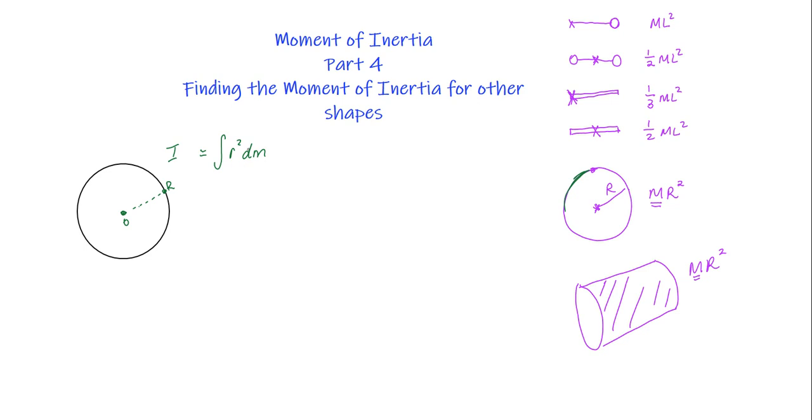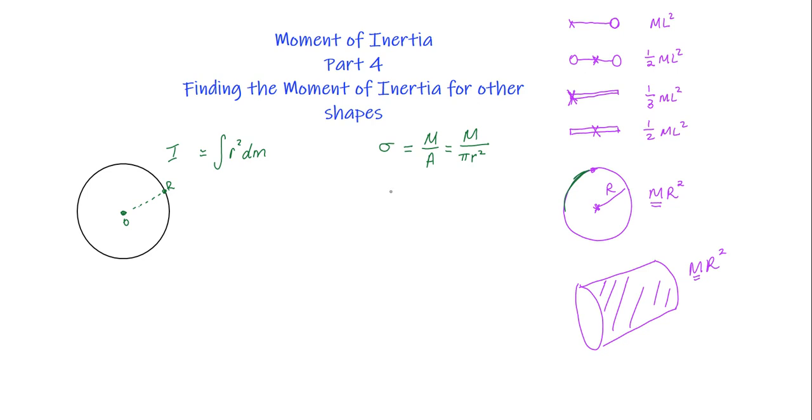So now dm, remember, if this is uniformly dense, I'm not including any height. It's just a disk. So I'm going to say that its surface density is its mass divided by its area, which of course here is m over pi r squared, because this is obviously a circular shape.